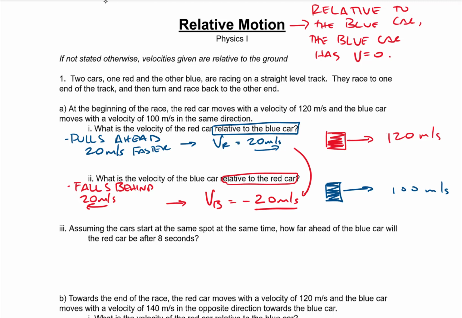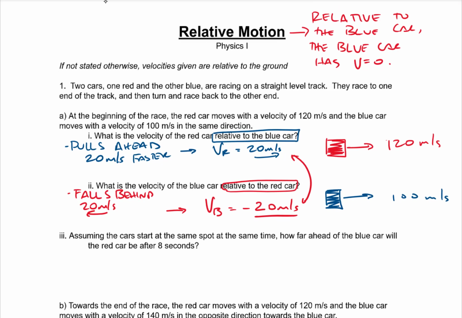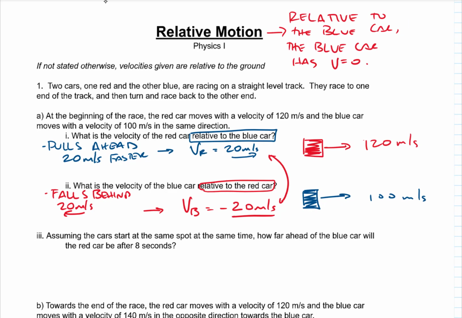Notice that's the same relative speed, 20 meters per second. It just has a different direction. And one other thing I want you to notice is that because they're both going forward in the same direction, the relative velocity is the difference in their velocities.